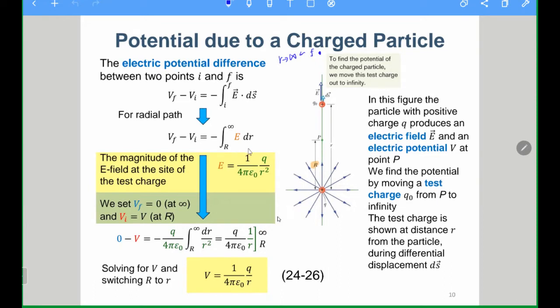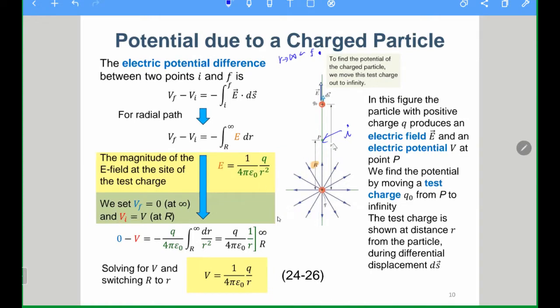So here, this is the initial point. We try to move the charge to infinitely far away. So here we have Vi.